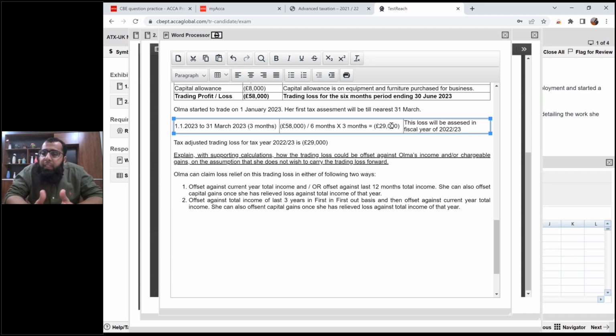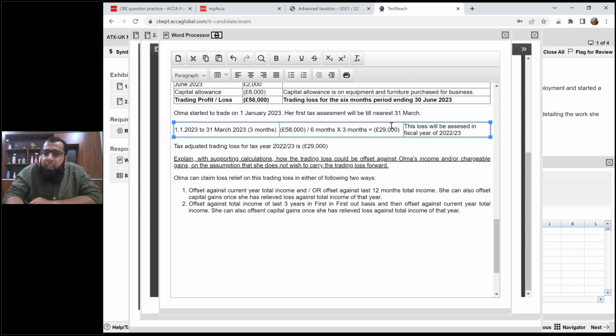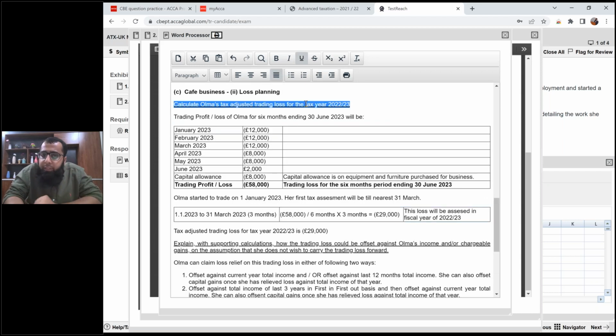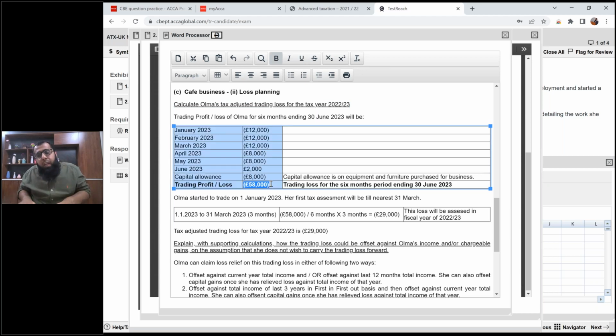Okay, I will repeat it again. I want you all to understand it very clearly. See, it is very easy if you listen to me carefully. First of all, calculate the tax adjusted trading loss. So first of all, we calculated the accounting period profit or loss, because we cannot apply the basis period directly.